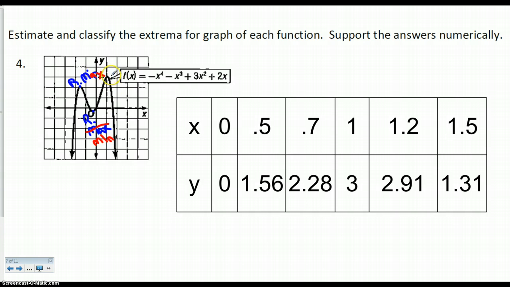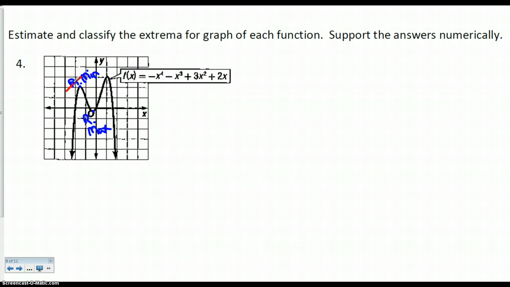But when I look at positive 1, as I get closer and closer to 1, it looks like the y values are getting bigger, but then when I go right after 1, it looks like my y values are getting smaller. So this is at 1, 3, and there is no other point higher than this point right here. So I would say at 1, 3, this is my absolute max.